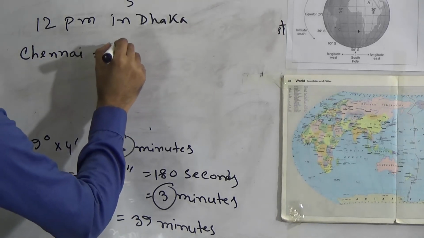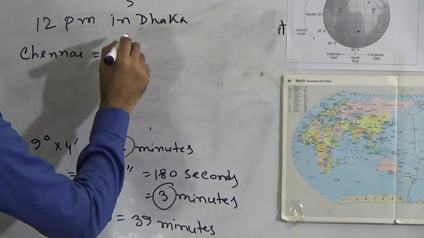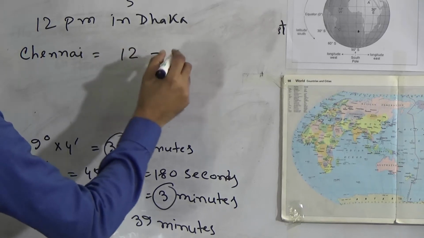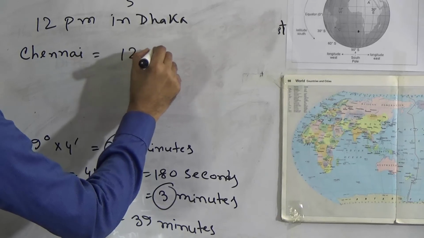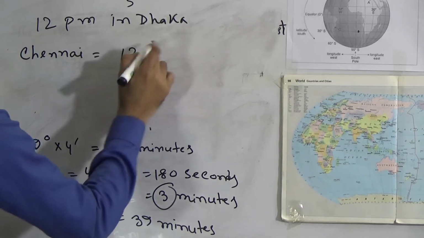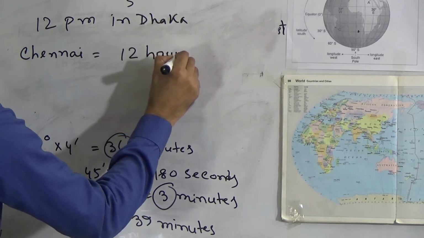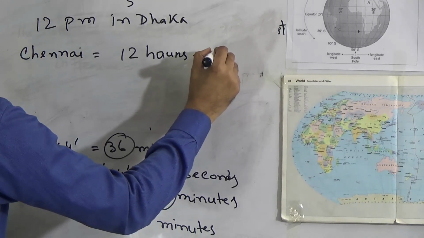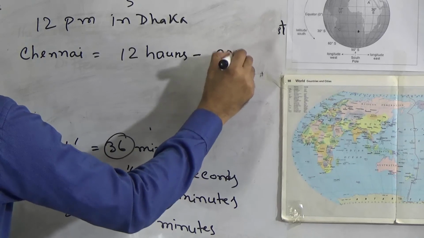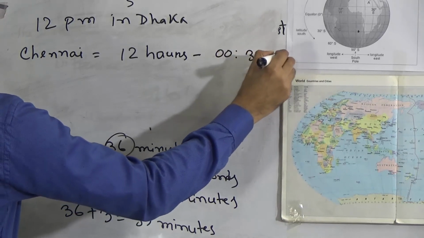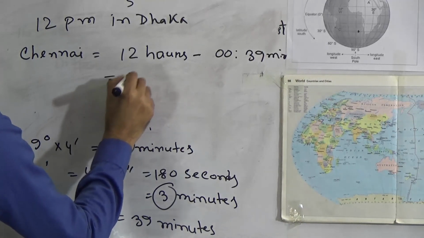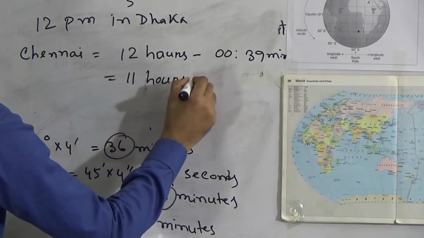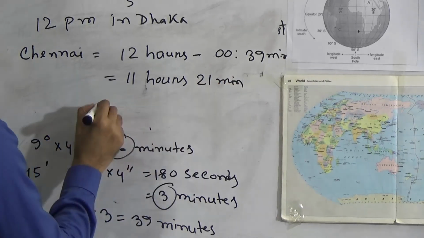That means 12 hours minus 39 minutes equals 11 hours 21 minutes.